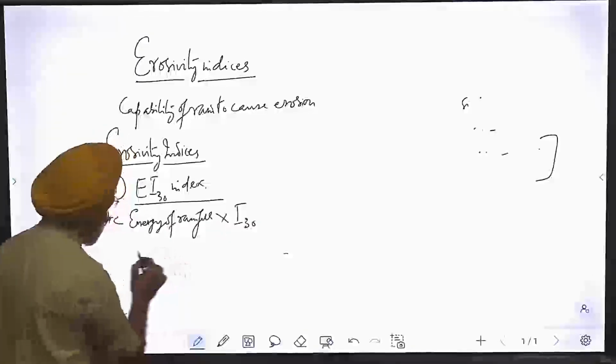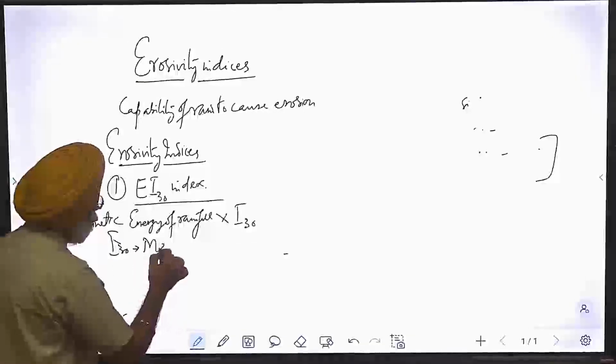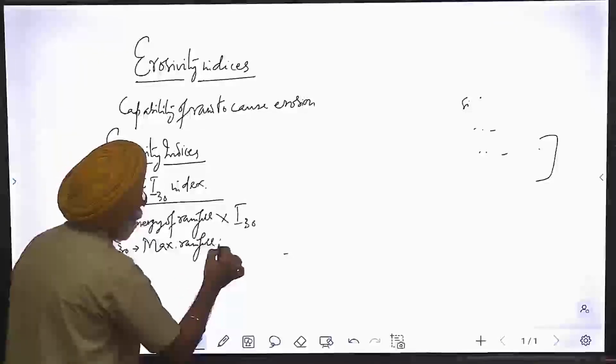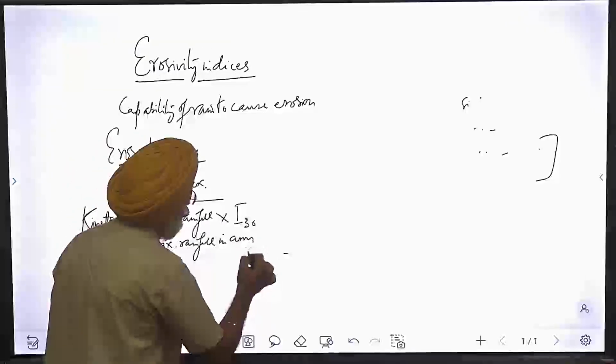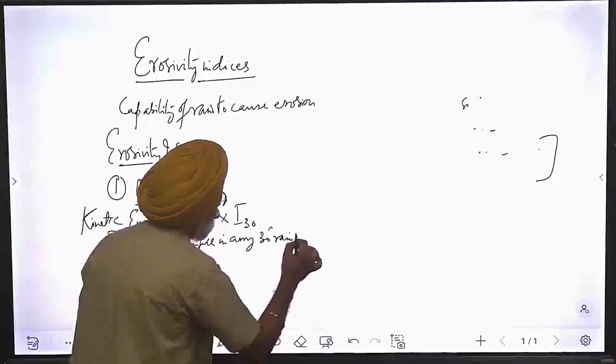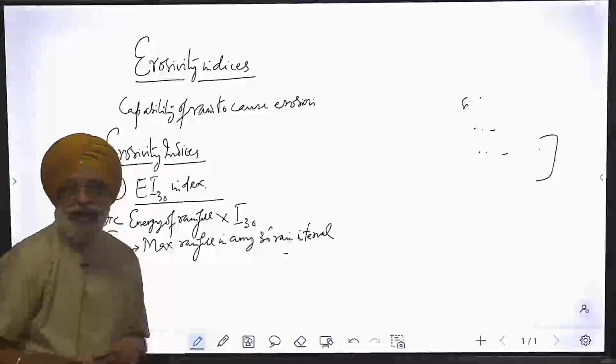So, if I have to define I30, I30 is the maximum rainfall in any 30-minute interval. That is called I30.